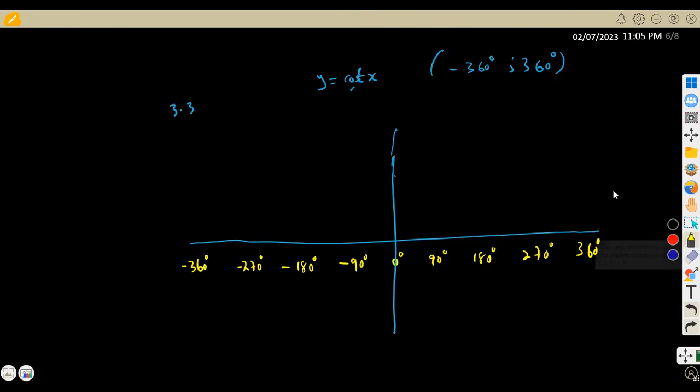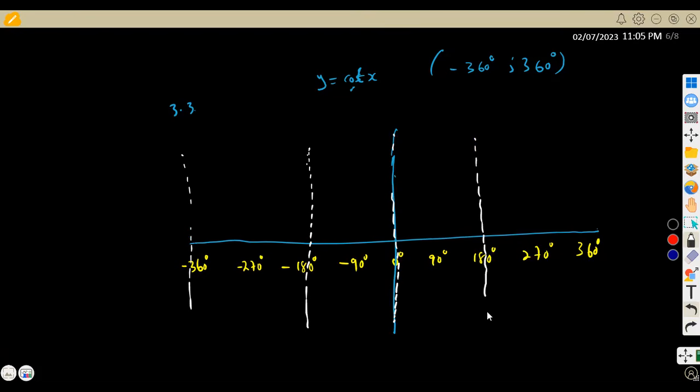We have another asymptote at negative 180, another asymptote in the y-axis, then at positive 180 an asymptote again, and at 360 an asymptote again.